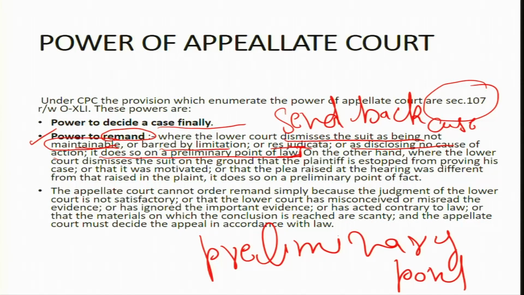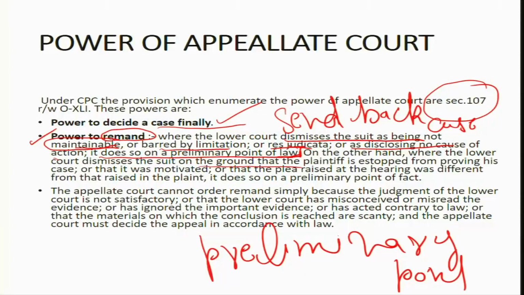Appellate court, because they are judicially examining your case, they have to decide your case finally, because they find on the basis of your memorandum of appeal that yes, there is a mistake committed by the lower court or trial court. You can quote trial court also, trial court or lower court.